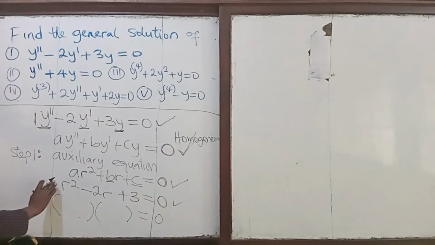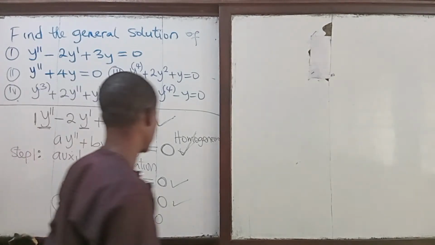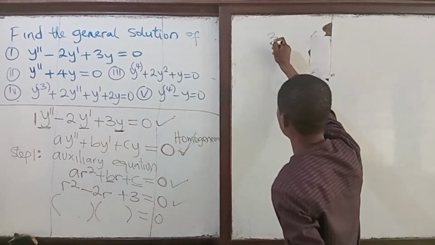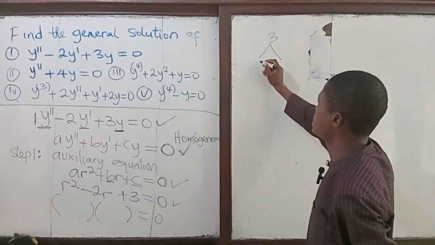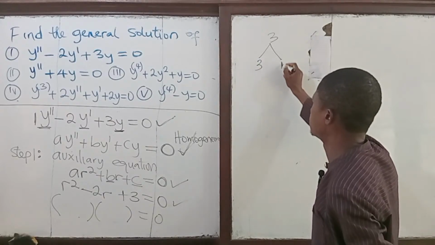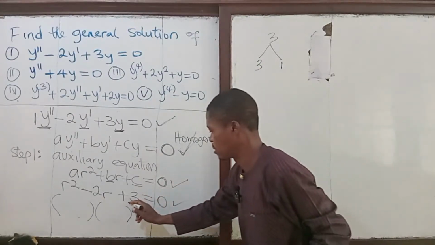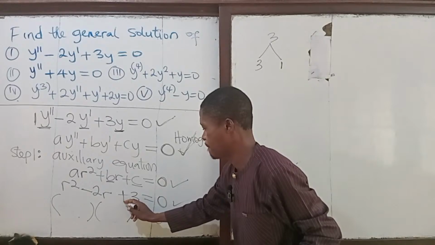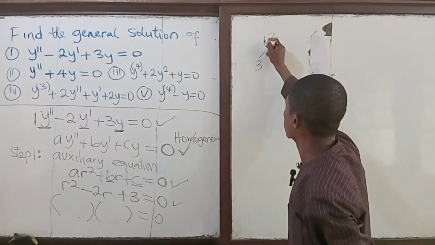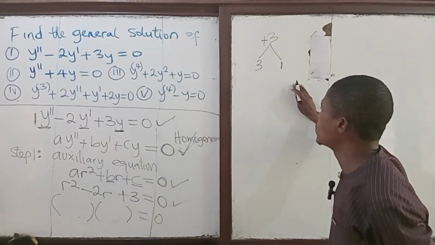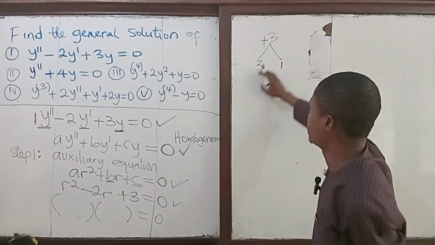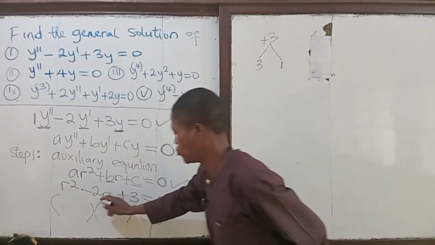I'm going to use a factorization method for this one. Let's try if it's going to work. Factors of 3 are 3 and 1. What we have here is a plus 3. So how can we turn 3 and 1, as the factors of 3, to minus 2?